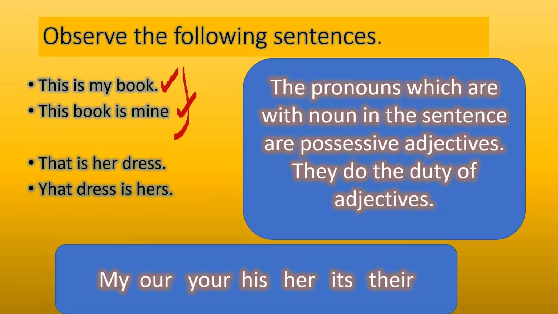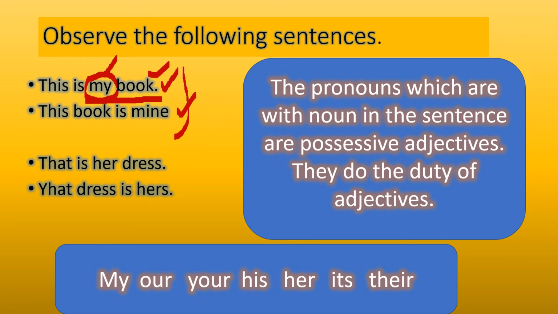But here, in the phrase my book, my is a possessive form. This possessive form is describing the noun. The book is a noun, and the noun is followed by this possessive form. When a noun is followed by a possessive form, that means the possessive form my describes that particular noun.